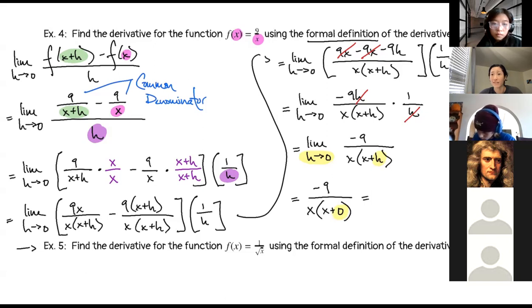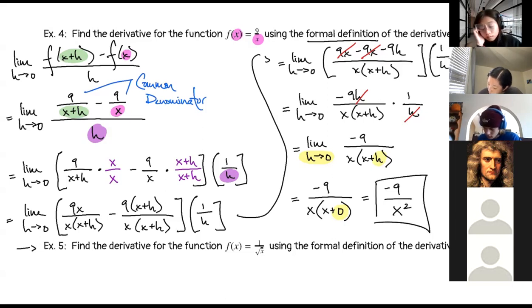I think it's fine, right? Because x plus 0 is x. So we really get negative 9 over x squared. And that is our derivative of nine over x.